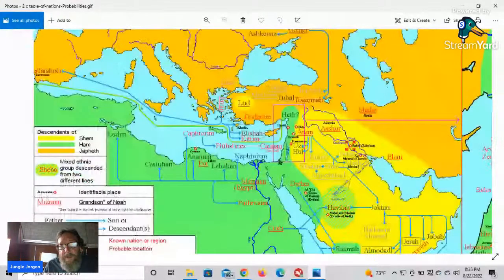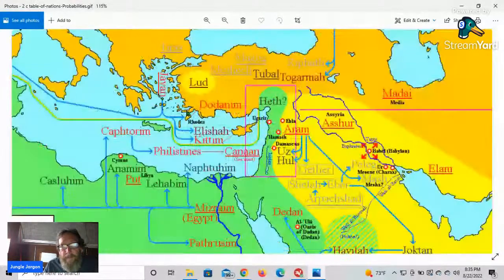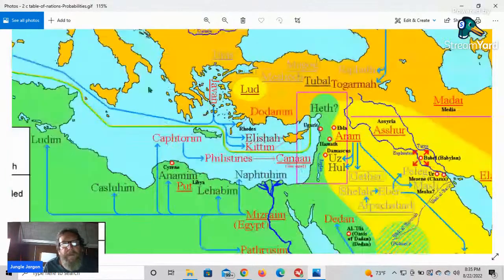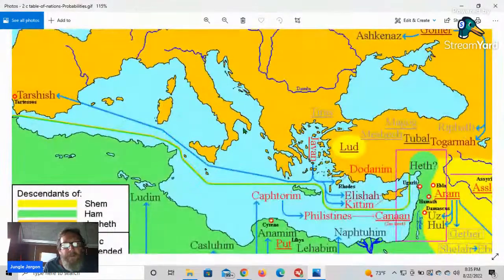Who else is in the Mediterranean? Well, you have the Captorin, which became the Philistines, which became Canaanites. We know who they are, right? Other than that, who are the Mediterranean sea peoples? They're the descendants of Javan, which are Dodanim, Elisha, and Kittim, and Tarshish, right?